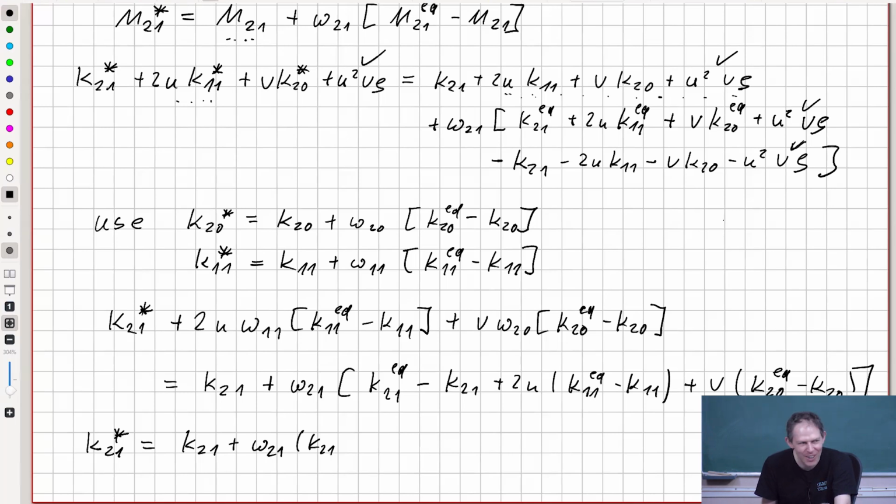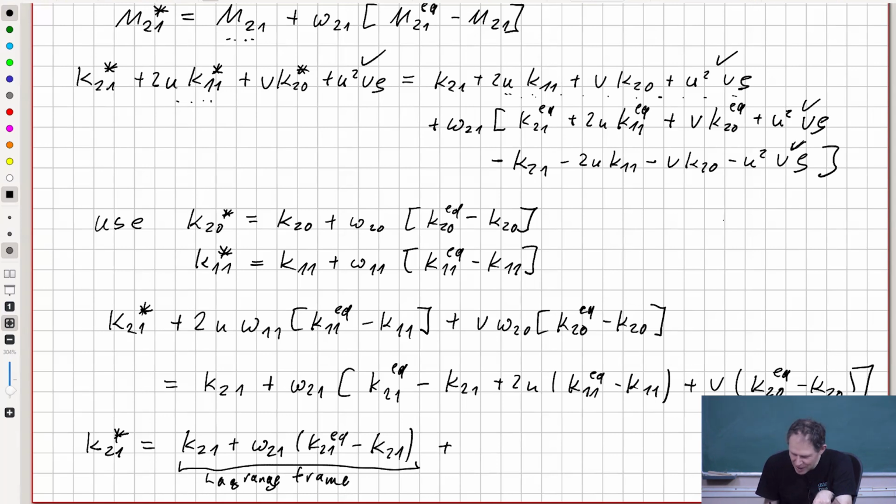Oh, I see so many smiles here. So this is what we would expect, right? This would be the Lagrange frame. If we did it in the Lagrange frame, we would get this.